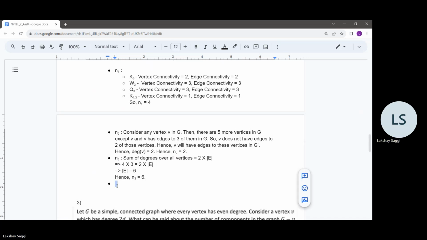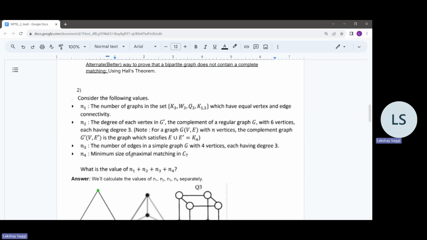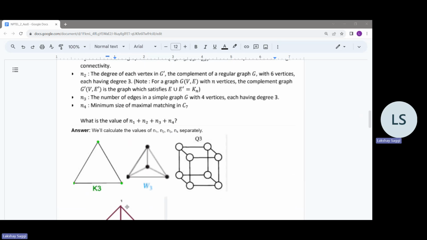Similarly, coming to N4: the minimum size of maximal matching in C7. So what is C7? Again, I'll just show you what the C7 graph is.